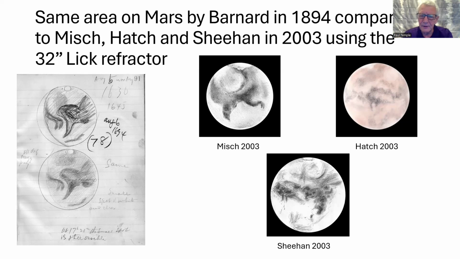And you have these three people who are pretty much looking at the same thing and getting three different results. And then you have Barnard, who's getting a different result. So consequently, that's why imaging was so important with the photographic plate, because you basically got the same thing when the planet was in the same position. And you didn't have any interpretations from your brain or your hands or whatever.